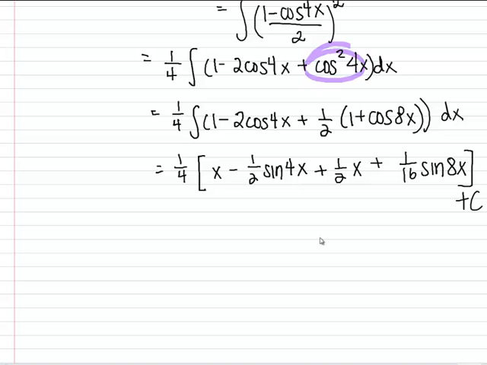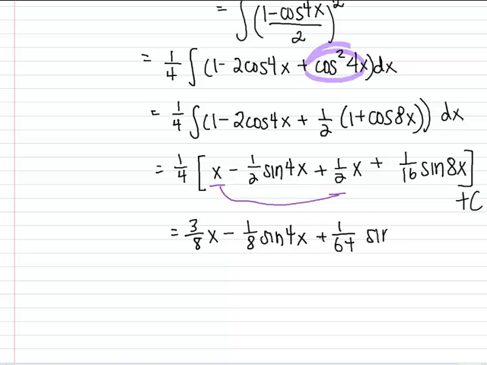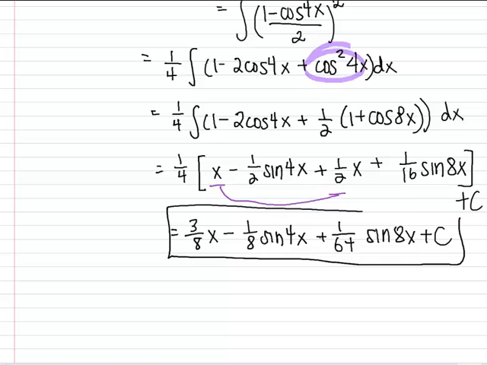Combining our like terms and distributing our 1/4, we're going to end up with x plus 1/2 x will be 3/2, so I end up with 3/8 x minus 1/8 sine 4x plus 1/64 sine 8x plus our constant c. That was a long one.